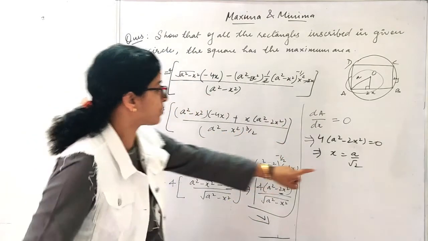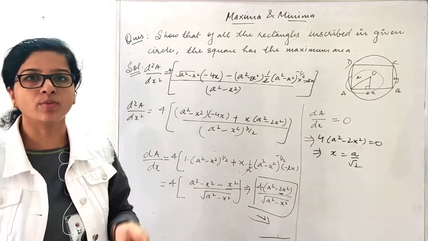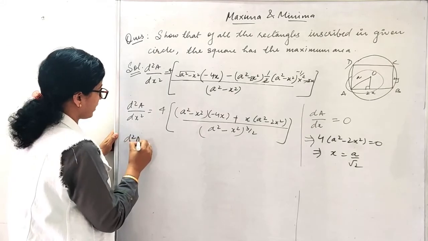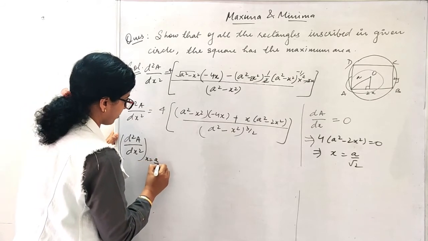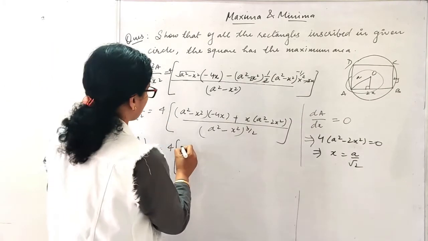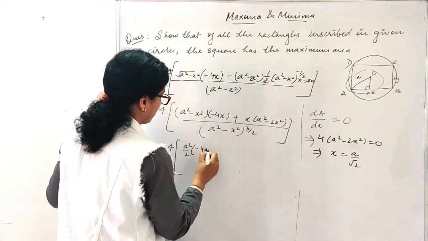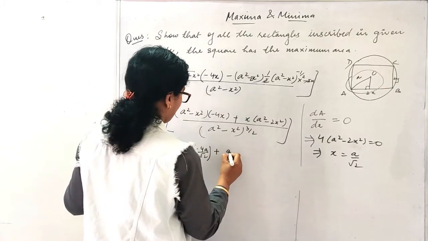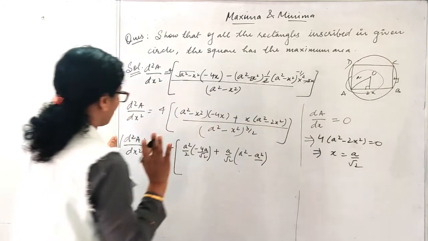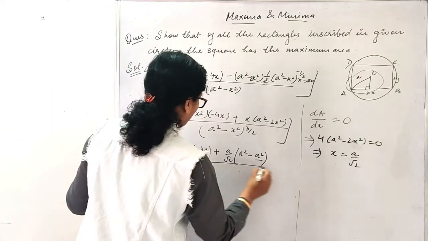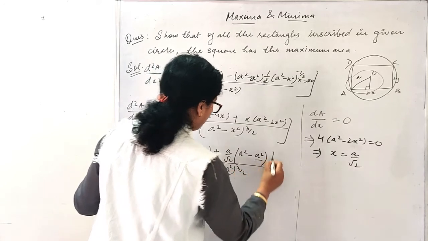Now let us check by substituting this point whether I am getting a negative value or not. If I am getting a negative value, it means it will become a point of maxima. Now we are finding the value of the double derivative at the point x is equal to a by root 2. So let us substitute. So I am getting here a square by 2 minus 4a by root 2 plus a by root 2 into (a square minus a square), so this will become 0, right, upon (a square minus a square by 2) to the power 3 by 2, right.